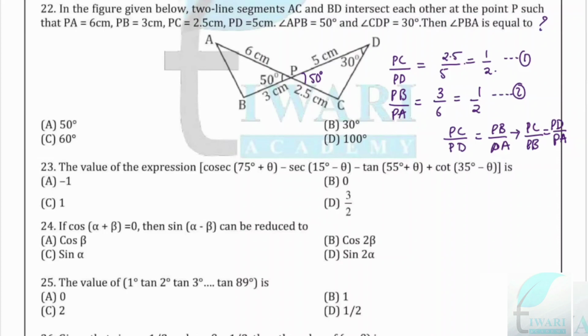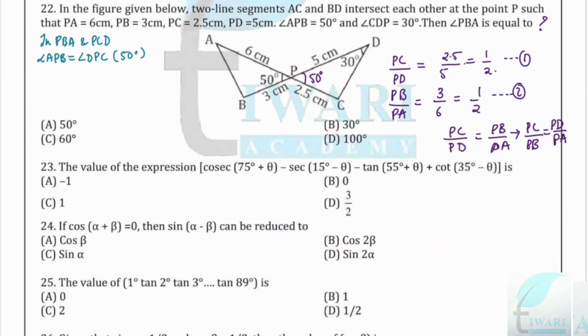In triangles PBA and PCD, angle APB equals angle DPC. Both of them are equal to 50 degrees, which are vertically opposite angles.